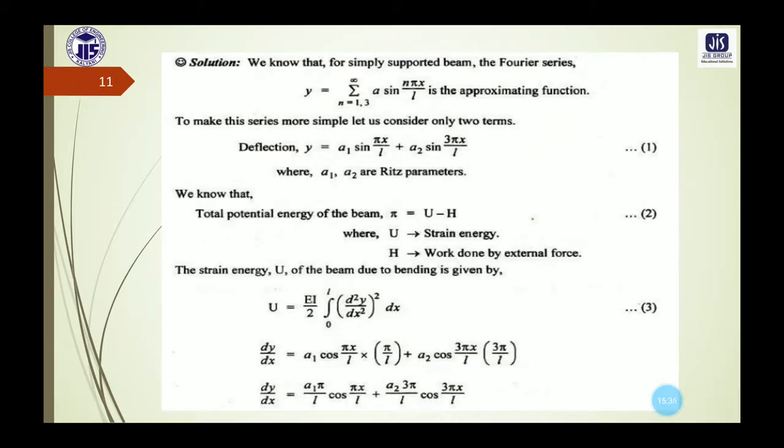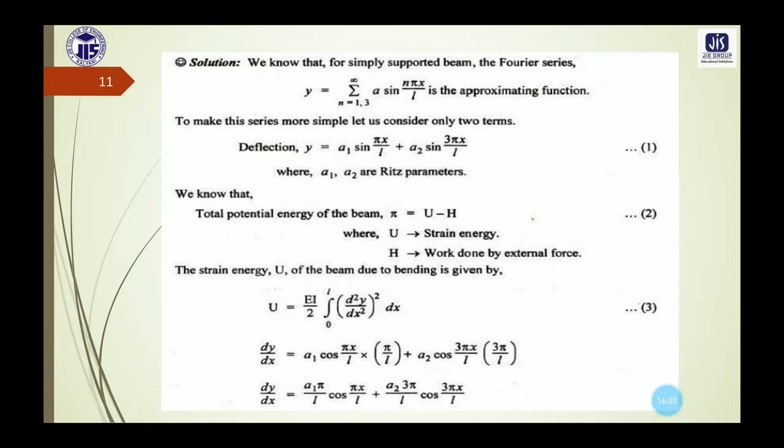So 7 different steps for this beam element we need to perform here. For this simply supported beam, the Fourier series is known to us: y equals summation n equals 1, 3 up to infinity of a_n sine n pi x by L, which is the approximation function.